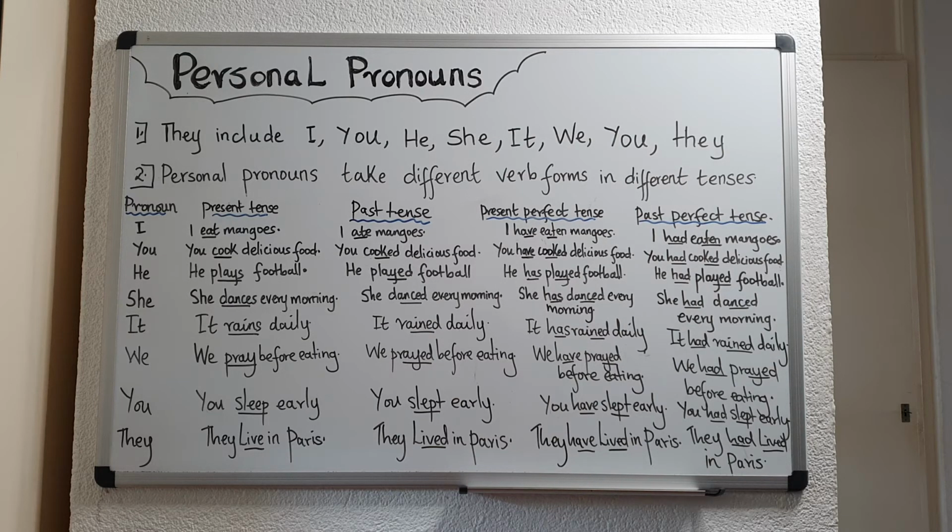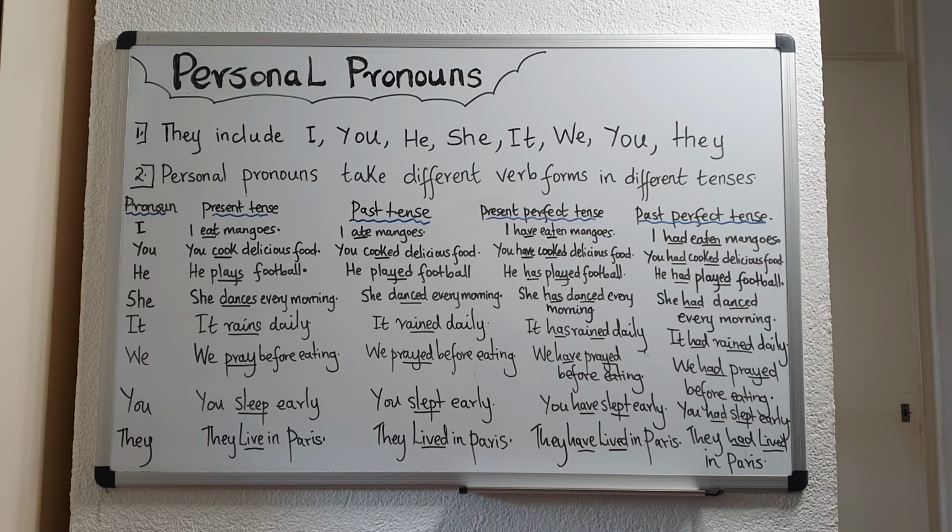That is not correct. You only use have with the pronoun you and with the pronoun I in the present perfect tense. Okay? And then in the past perfect tense, as usual, you just combine it with had and the verb plus ed. Okay, he had played football.